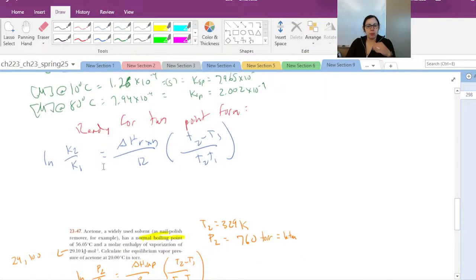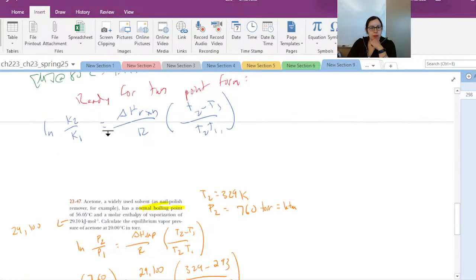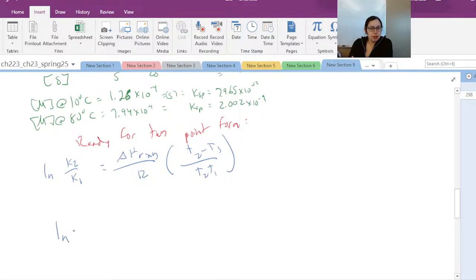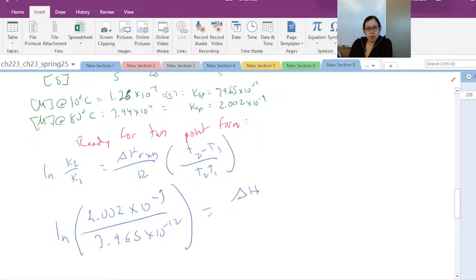So now we're just plugging in at this point, now that we solved for all our variables. And then, of course, converting temperature to Kelvin. So 353 minus 283. Again, just with the 2 points I picked.